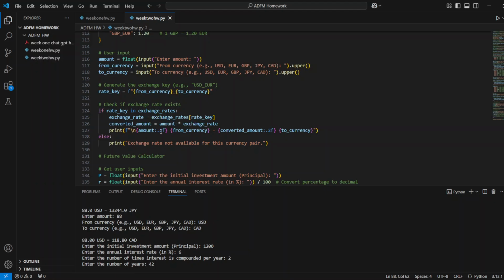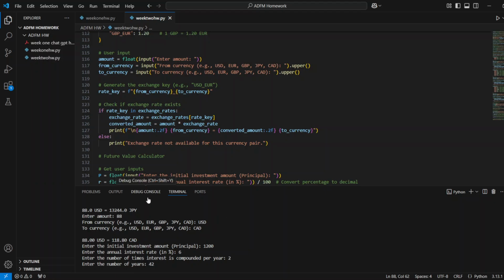Amount, .2f, convert the amount, currency to this currency, and exchange rate. So once again, I added 88 US dollars to Canadian dollars this time, which is right here, these programs together. And to make sure it gave me, like I said, added the .2, which gave me 118.80 instead of just 118.8.